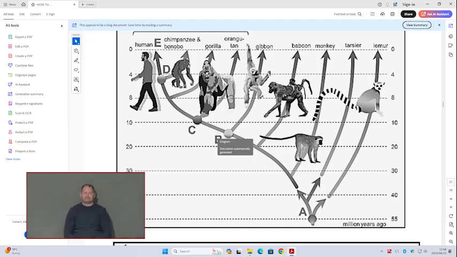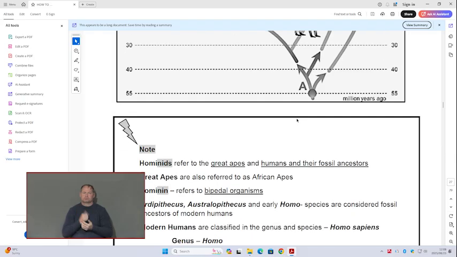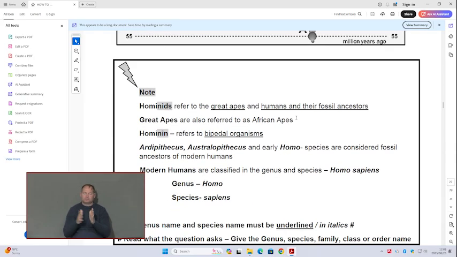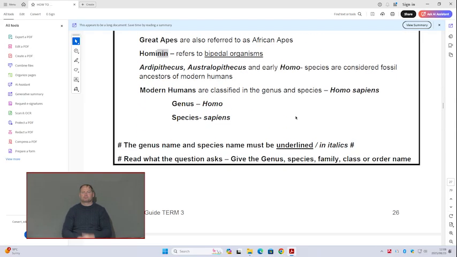It's the recent common ancestor for those that appear after. And then C will be the recent common ancestor of just the orangutans, gorillas, chimpanzees, as well as the humans. So please be careful of such a question whenever it's asked.